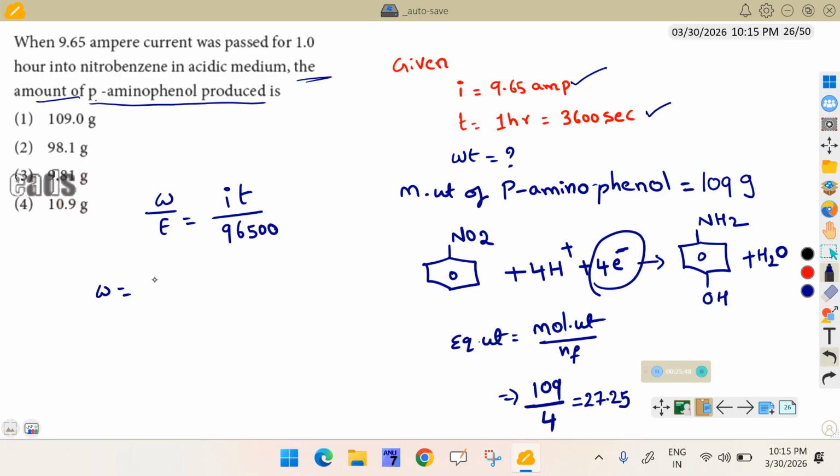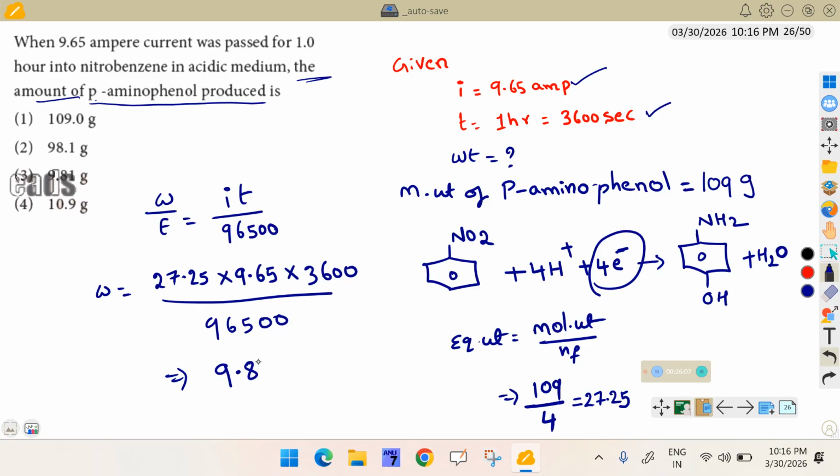W is equal to 27.25 into 9.65 into time, 3600, divided by 96500. Simplify, then you will get 9.81 grams.